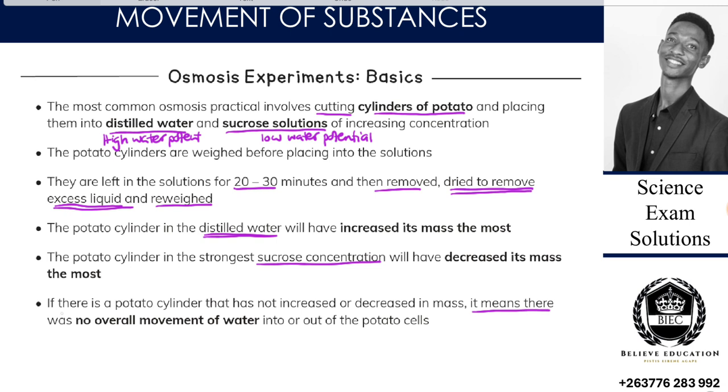So on our note here, if there is a potato cylinder that has not increased or decreased in mass, it means there was no overall movement of water into or out of the potato cells.